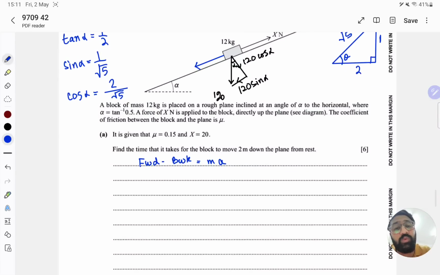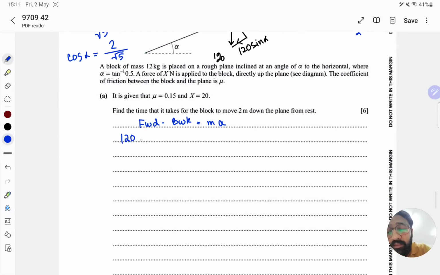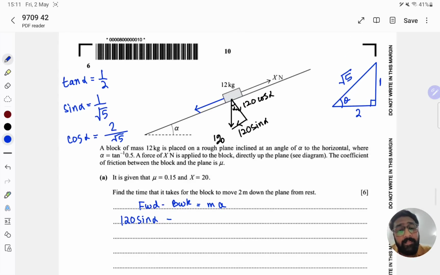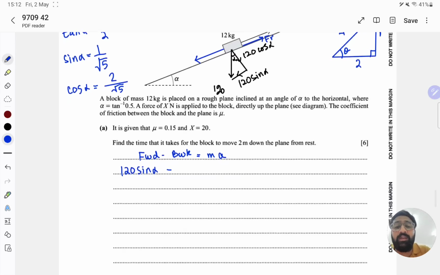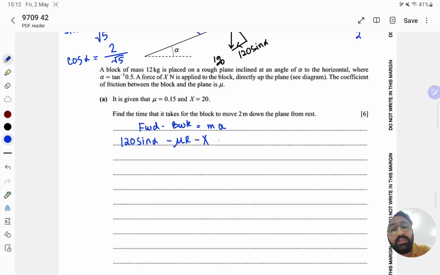Forward force is just 120 sin alpha, and the backward force is, since the object is having a resistance while moving downwards, the resistance is going to be backward, which will be mu R, minus the other backward force, which is X, equal to ma, which is 12 times a.